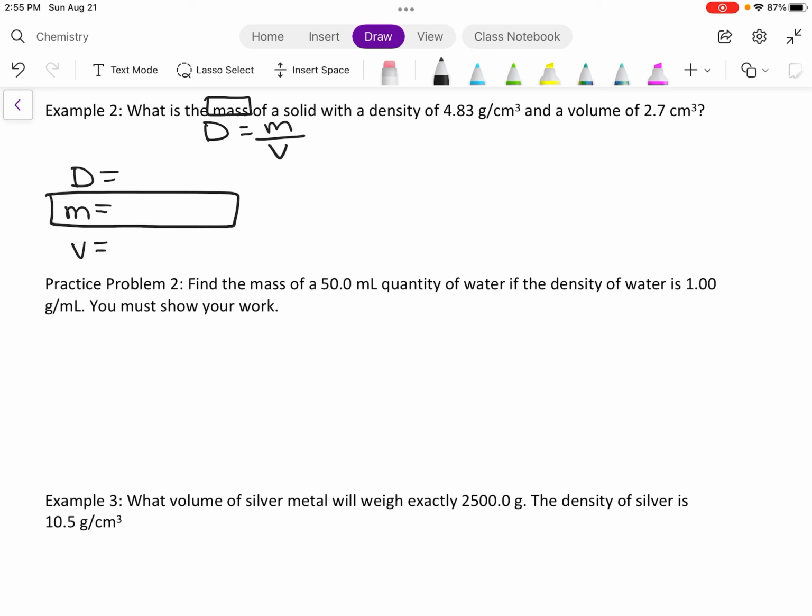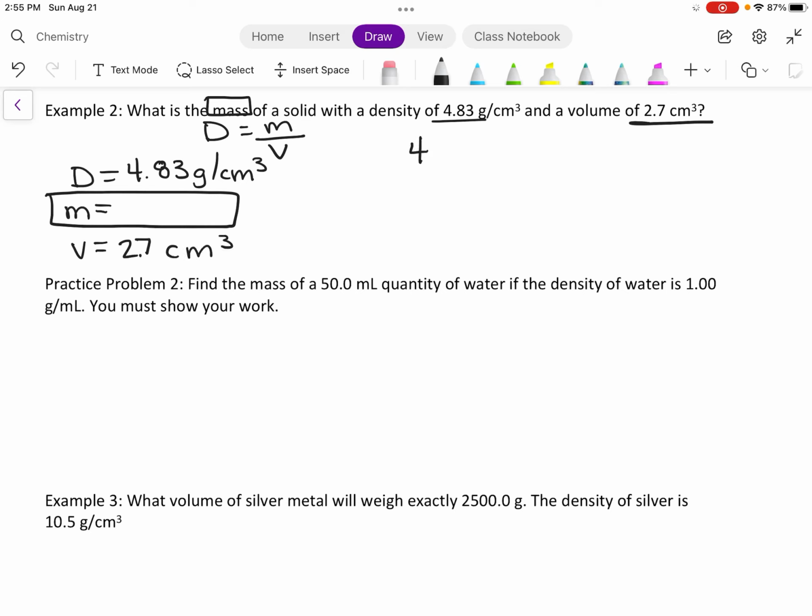If the density is 4.83 and the volume is 2.7 centimeters squared. So I'm going to put 4.83 grams per centimeter cubed. Oops, I think I said squared earlier. I meant cubed.